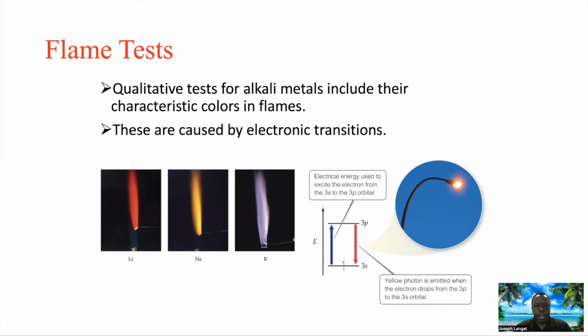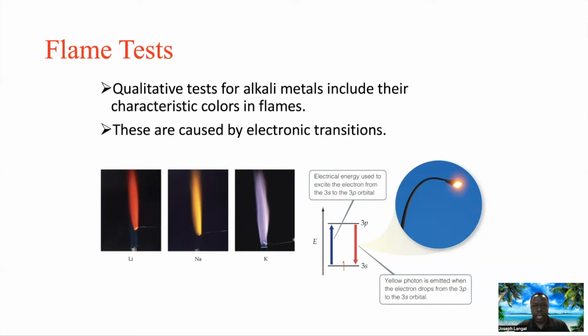There is an experiment you may have performed in Gen Chem 1 lab, and this is the flame test. Flame test is used to identify what element is in a particular solution. It turns out that atoms of different elements give a characteristic flame when subjected to high heat.